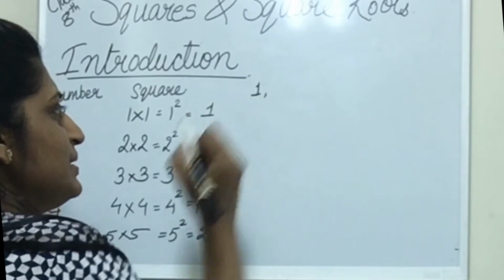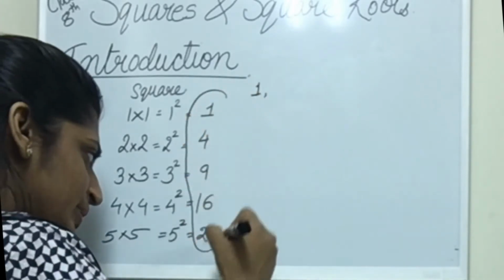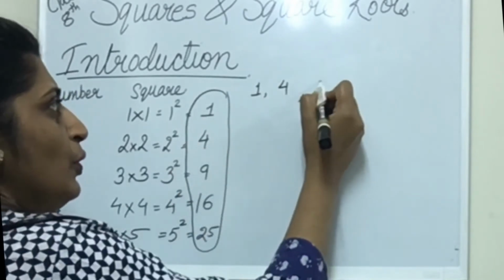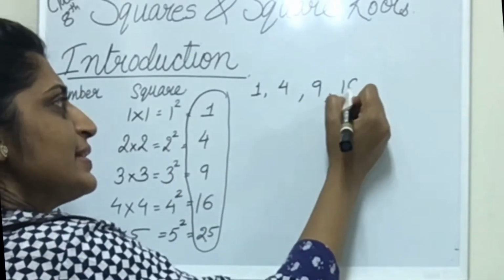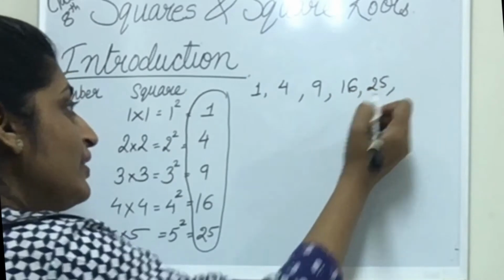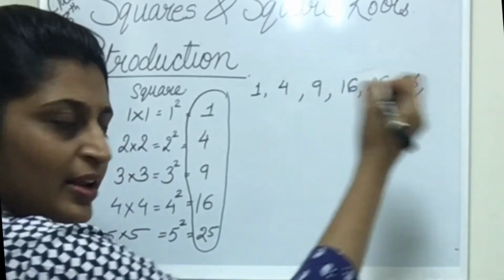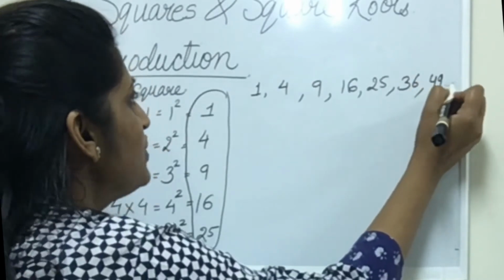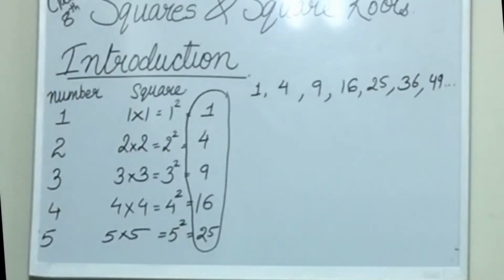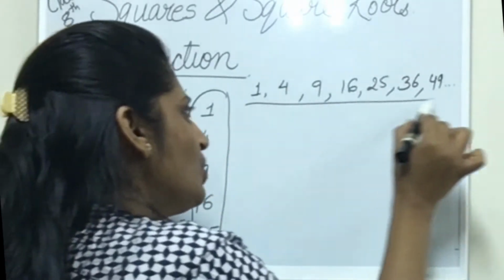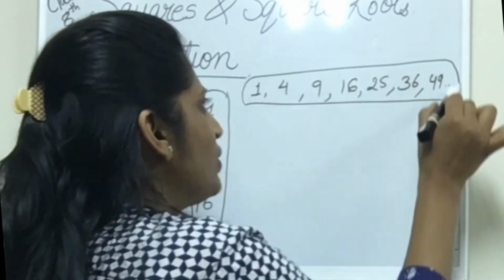So the numbers I am talking about are these numbers: 1, 4, 9, 16, 25, next 36, next 49 and so on. Can you let me know what is the speciality of these numbers?